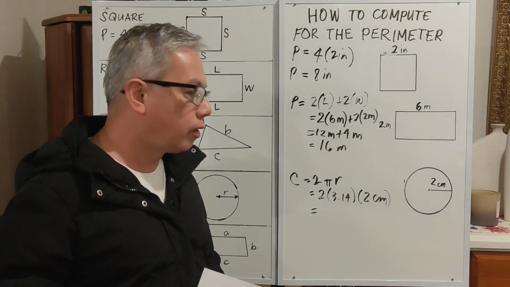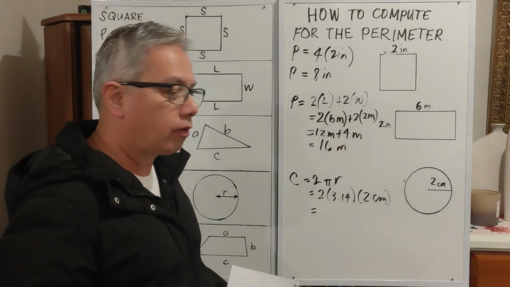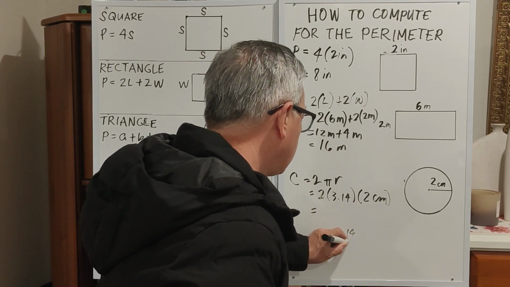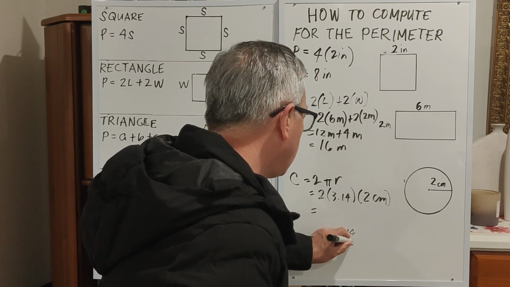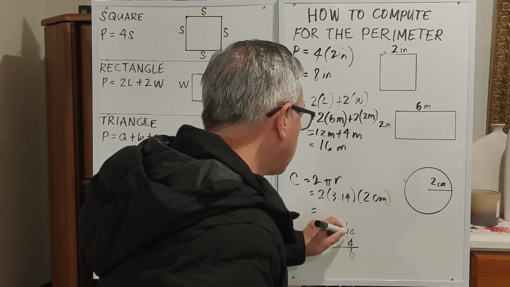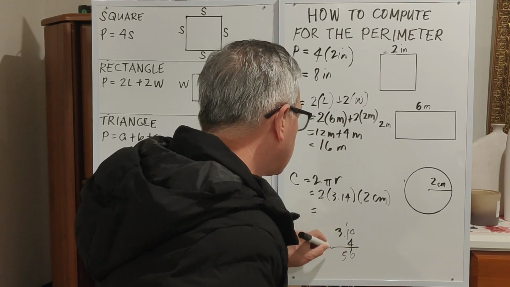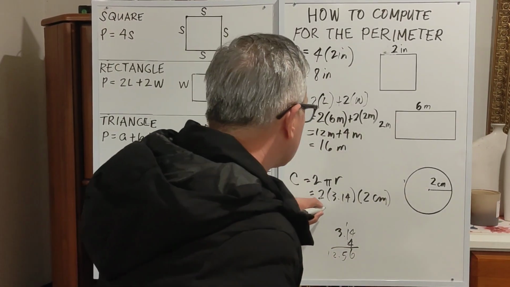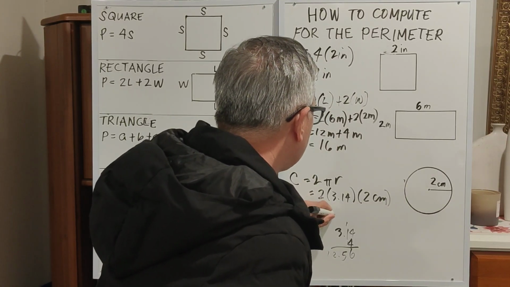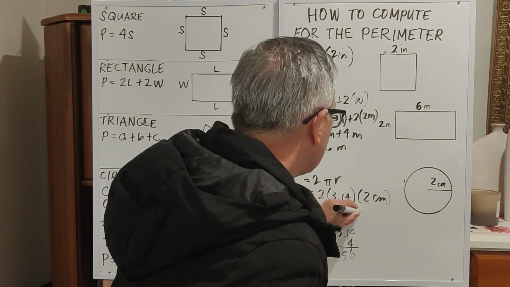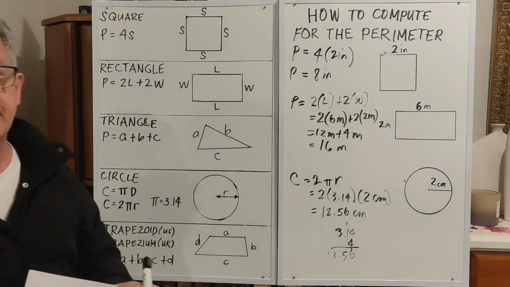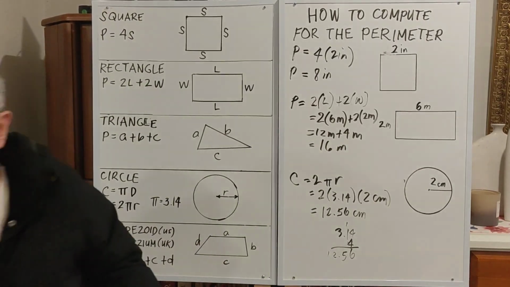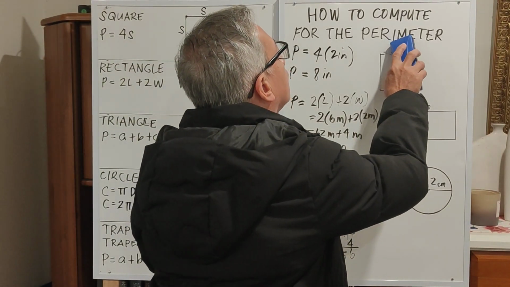So 2 times 2 is 4, times 3.14, which is 12.56 centimeters.